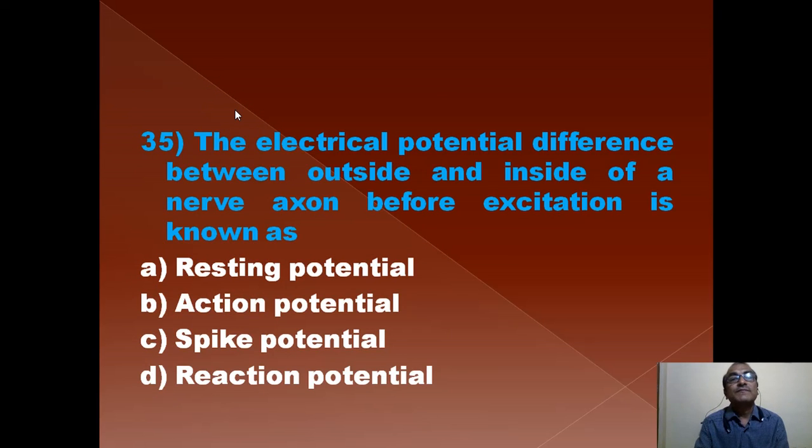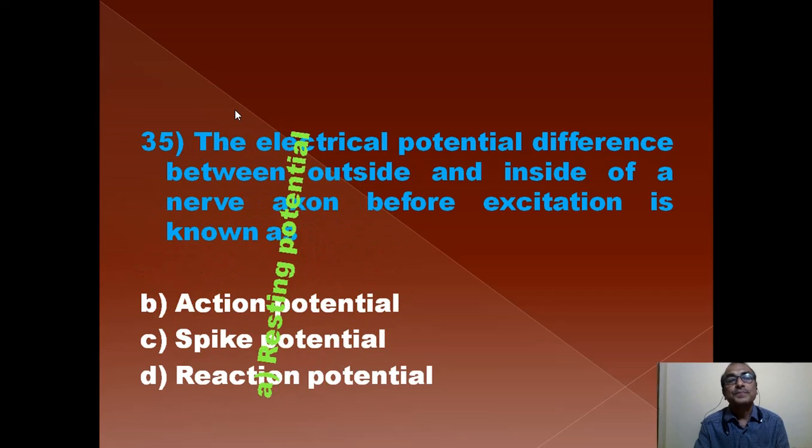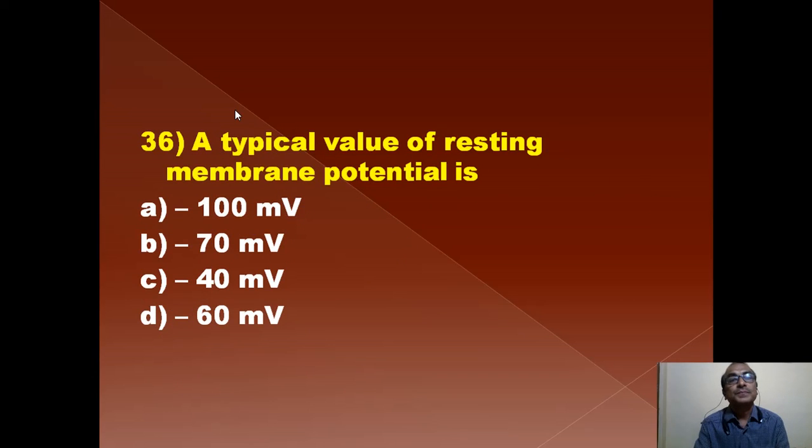Question number 35. The electrical potential difference between outside and inside of a nerve axon before excitation is known as. That is, before the stimulus strikes, before excitation. Of course, before excitation, the neuron will be at resting potential. A is the right answer.